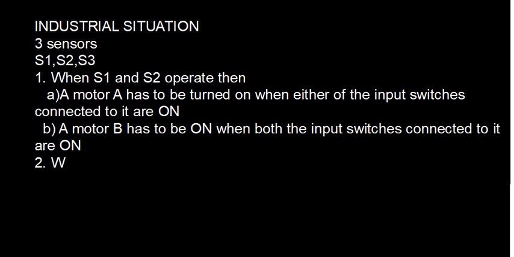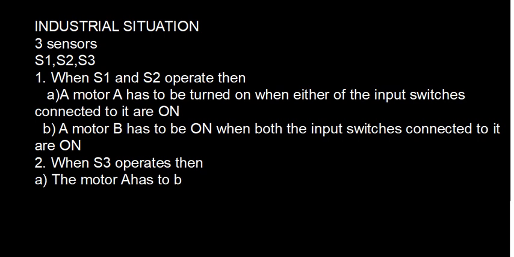Then when S3 operates, you again have the condition A. The motor A has to be turned off when an input, say E, is present.